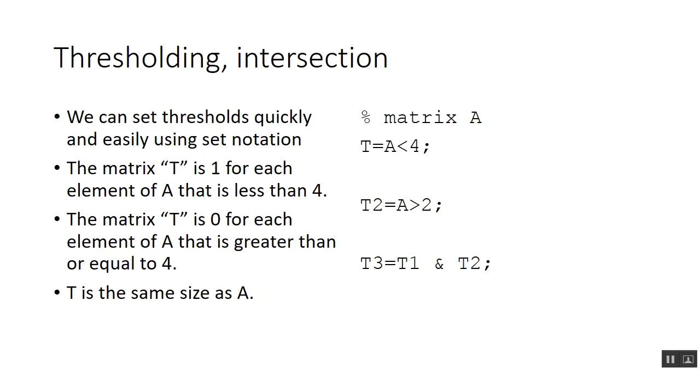Now, the first thing I think that's useful to talk about in terms of processing and manipulating images is thresholding. If we talk about an image, we can quickly look at a threshold. In this example on the right-hand side, there's a matrix A, and maybe there's a threshold T1 that says, give me all the A's that are less than 4.